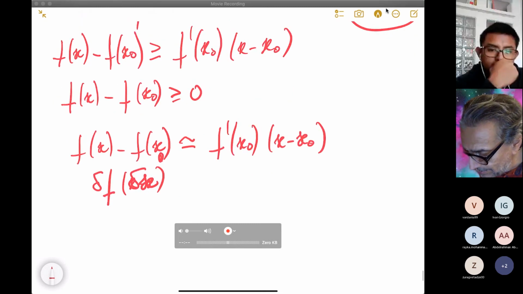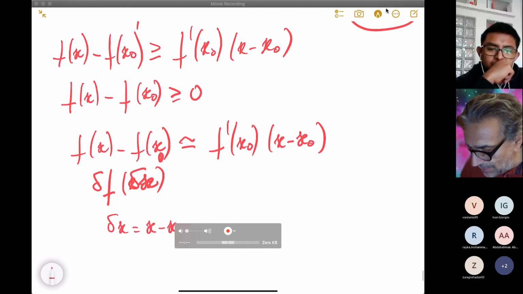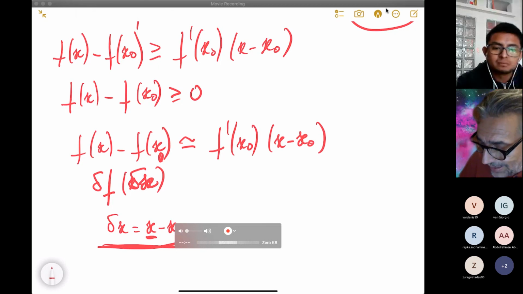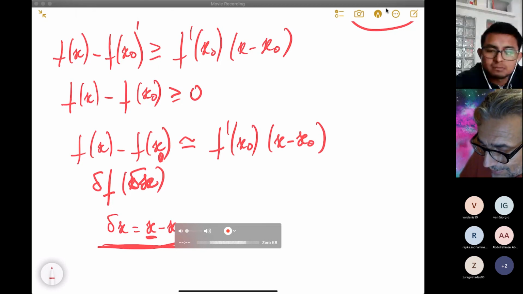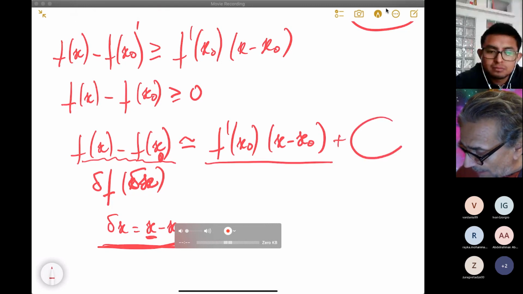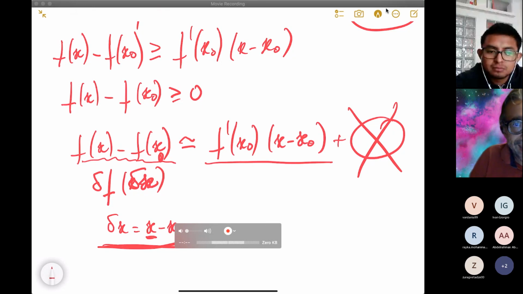Delta x is x minus x0, the small variation of x in the neighborhood of x0. So this is the first increment of delta f, because in the Taylor expansion we have killed the extra term.